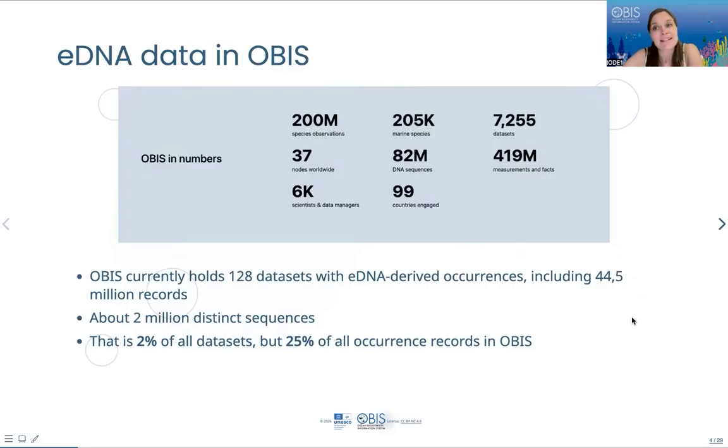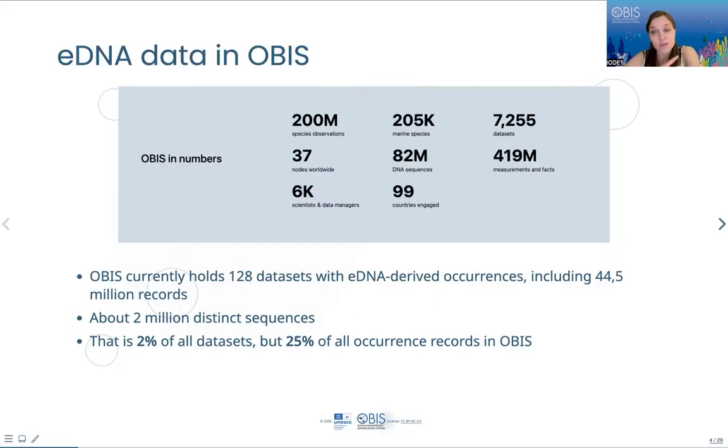So if we look at eDNA data currently in OBIS, as I mentioned, we have 200 million species observations at the moment in around 7,000 datasets. Of these datasets, only 128 at the moment are eDNA datasets. We've only been doing this for a few years, collecting and developing eDNA standards. However, those datasets already hold 44.5 million records.